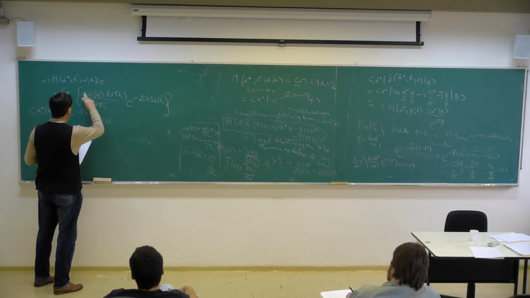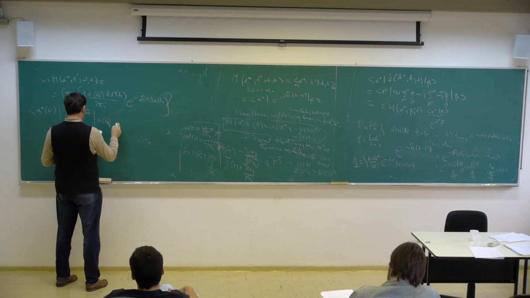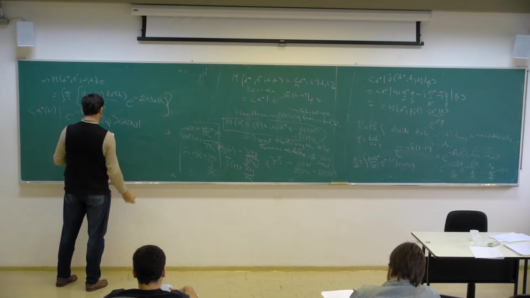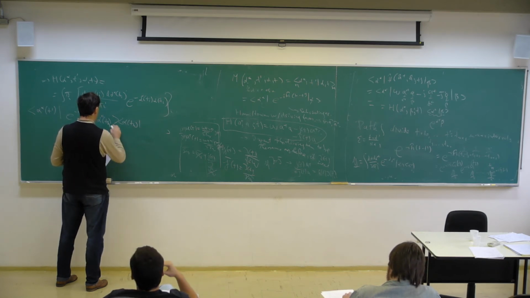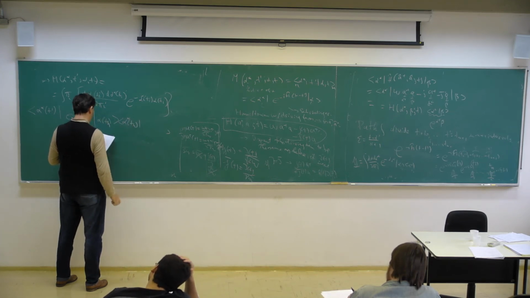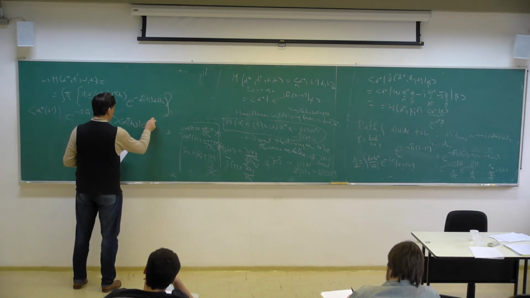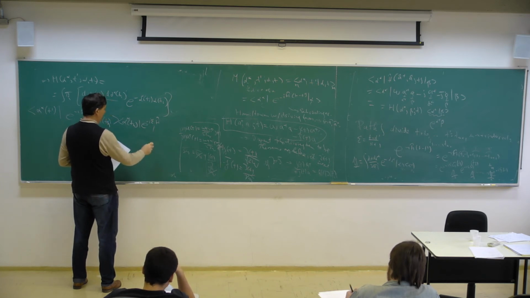Sorry, t prime is to the left, so this is tn: alpha star tn, alpha tn. Alpha star. Yeah. And then e to the minus i epsilon H. Now the same with tn minus 1.